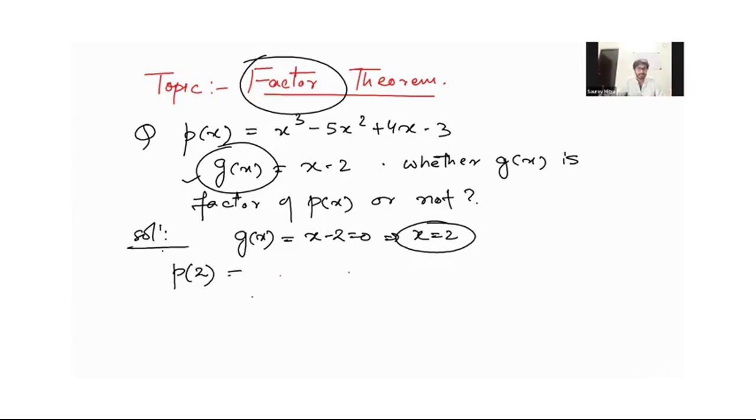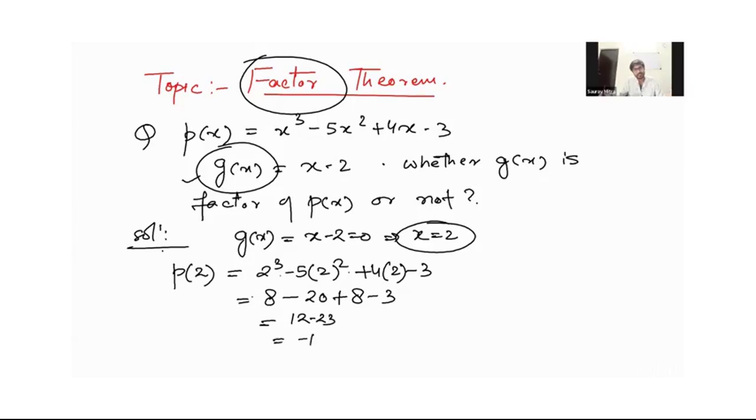Now we will substitute this value in the given polynomial and check for the remainder. After putting it, it will be 2 cube minus 5 into 2 square plus 4 into 2 minus 3. This will be 8 minus 20 plus 8 minus 3. 8 plus 8 is 16, 16 minus 23 is minus 11.